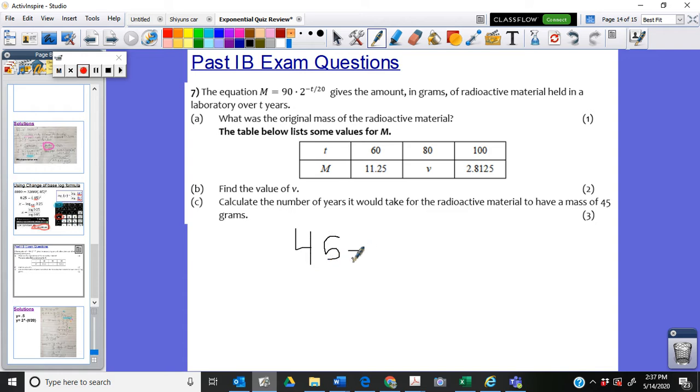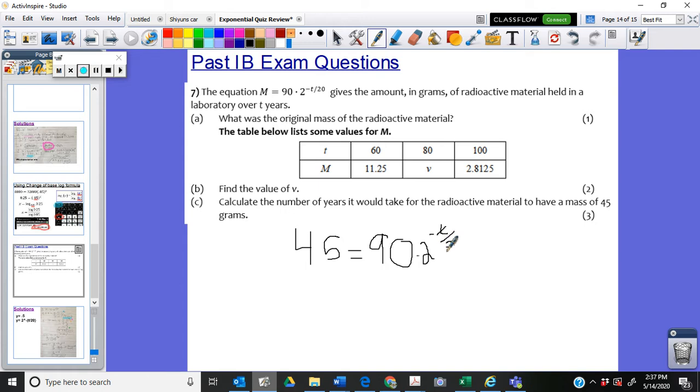When is that equal to, or how many years will it take for this 90 grams to reduce to 45 grams? So just rewriting this equation with the 45 in place of that mass value.